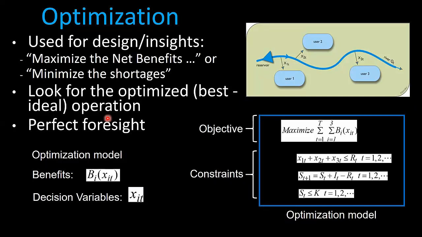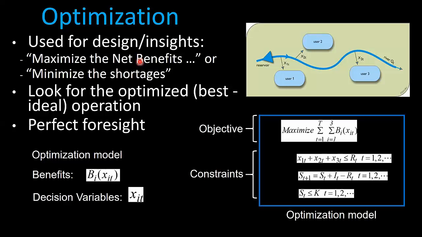When in water resources management we're talking about optimizing resources, we are referring to either maximizing a given objective or minimizing a certain objective. In the case of maximizing, you can think that you want to maximize the net benefits, the overall benefits that you can get out of a system.